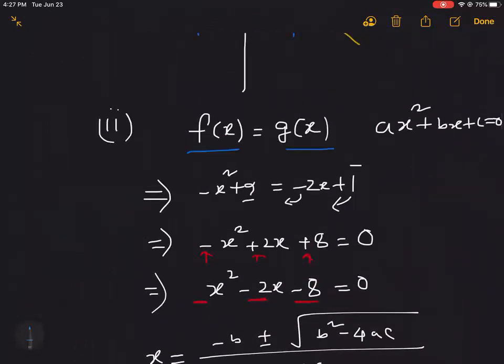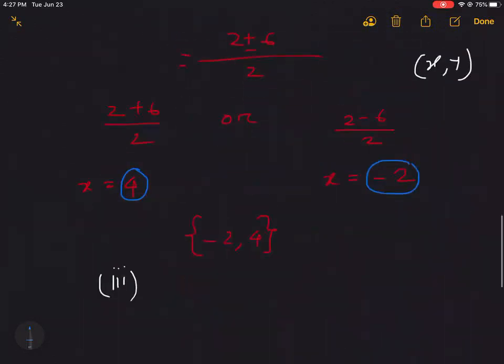Graphically, this means the points where the lines intersect each other. If you set this to equal, this means the points where these 2 graphs will intersect each other. So that means we already have the value of x. All we need to do is to find the corresponding value of y, or the functional value, right? Now, how can you do that?